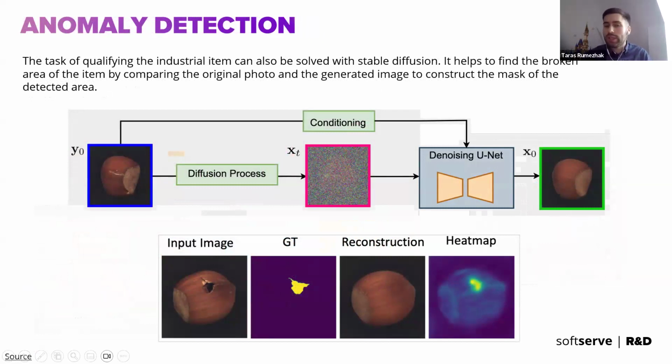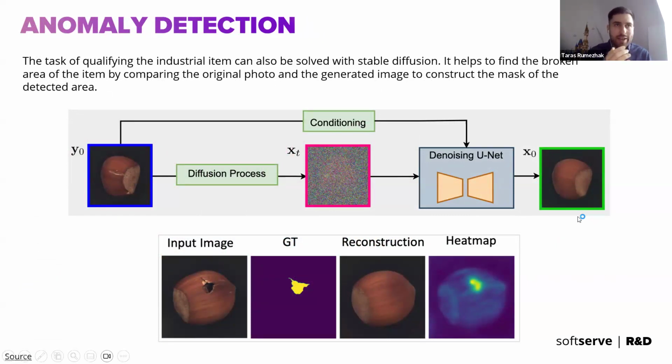A very uncommon case is anomaly detection. The idea of those networks like Stable Diffusion and others is that they were trained on a lot of data, and they learned a lot of spatial features. They know how a normal object should look. With this, we can use it, for example, to detect anomalies on the object.